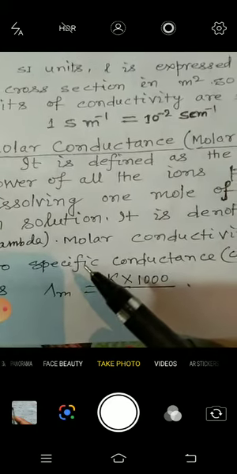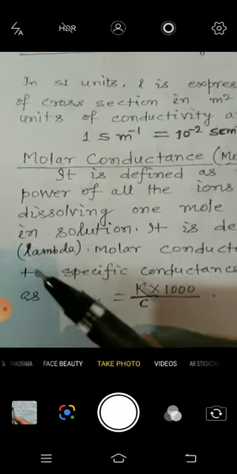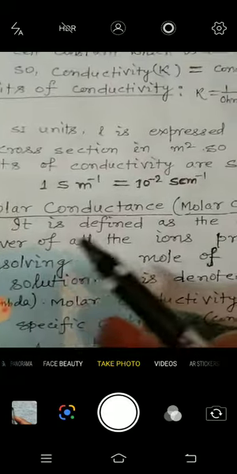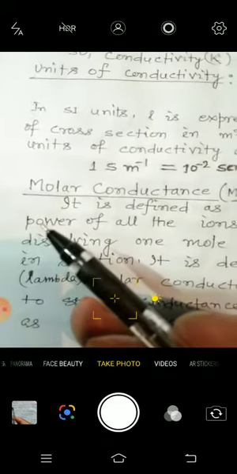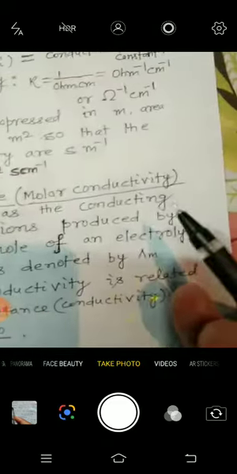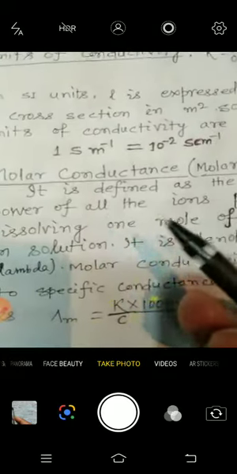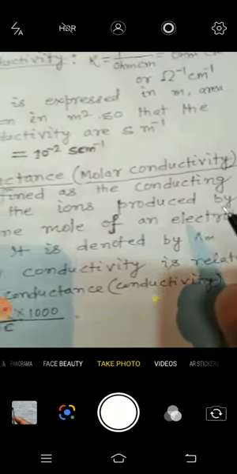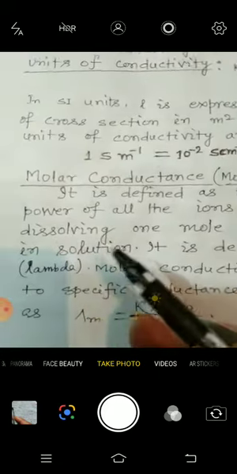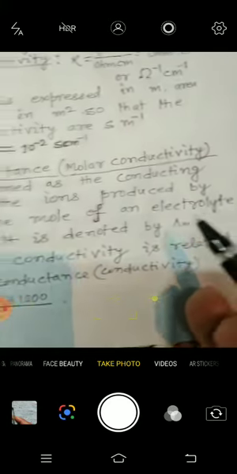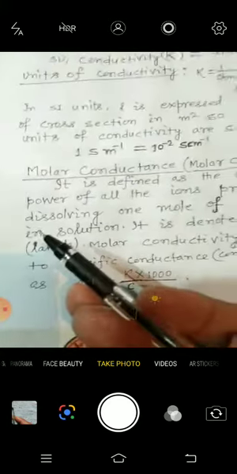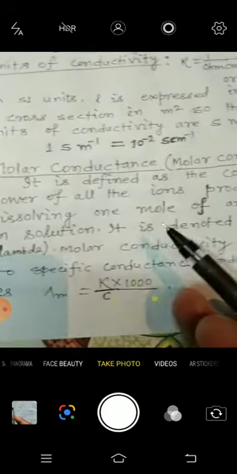For this, I am giving you an explanation here. Once again, I am reading about molar conductance. It is defined as the conducting power of all the ions produced by dissolving 1 mole of an electrolyte in solution. It is denoted by lambda.